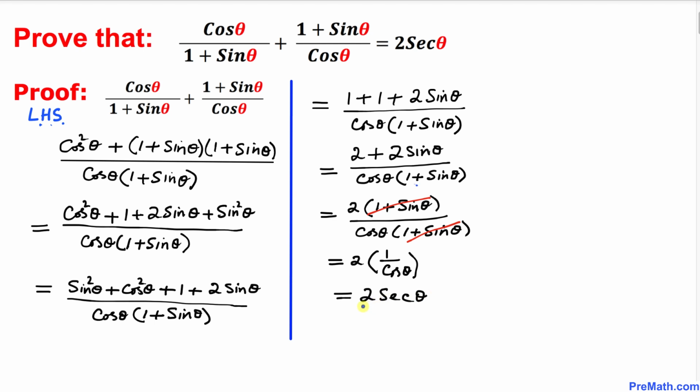And now we can see that this is the same as this right hand side. So this is our right hand side. So we started off with this left hand side and we ended up in the right hand side, and that is our proof. So thus we have proven that this left hand side is indeed equal to this right hand side.